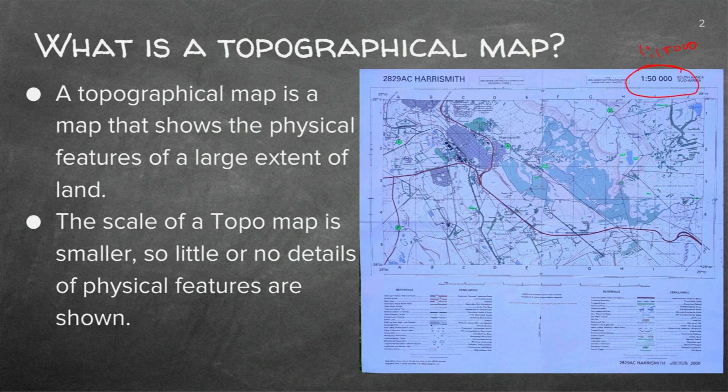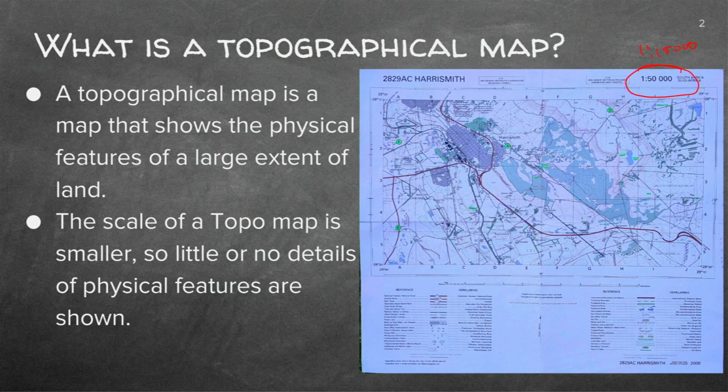You can even see the color of buildings and roofs. But on a small scale map such as a topographical map, all you see is a large expanse of land, but with very important physical features, and you don't see details, all right? So such a map is called a topographical map.